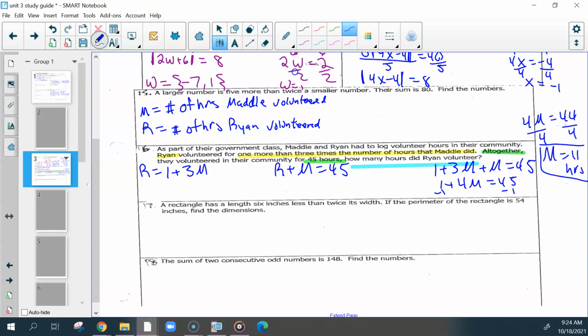Then you could do one of two things. Either put 11 back in here, solve for R, or put 11 in here and solve for R. Either or, does not matter.